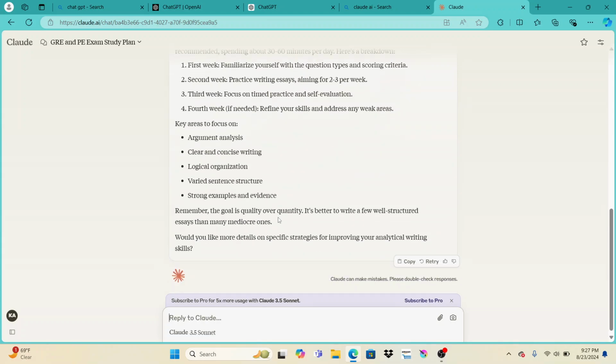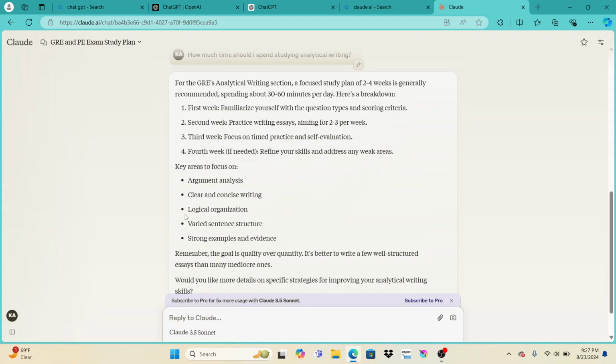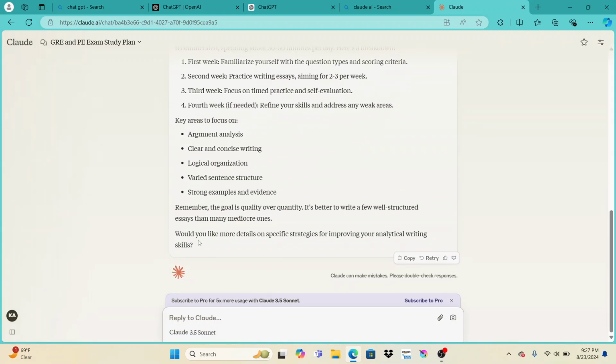Again, it just depends what you're looking for in this AI tool. What are you looking for? This is kind of what I was looking for with these first three bullet points, and they also give me some areas. But if you give it more details, it helps you out in some sense with what you're looking for. But you have to put in the work and do some research.